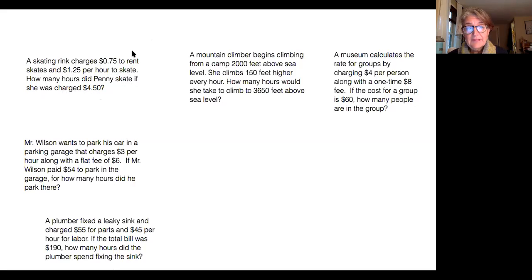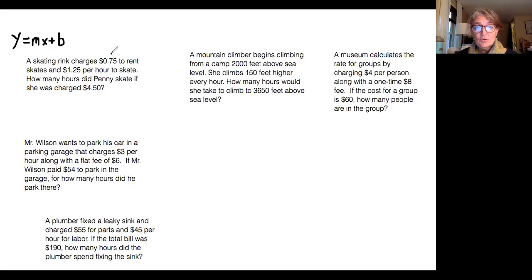So let's set up the equation, okay? We know that a line has this equation, y equals mx plus b. And in this type of word problem, the b is frequently the one-time fixed fee.